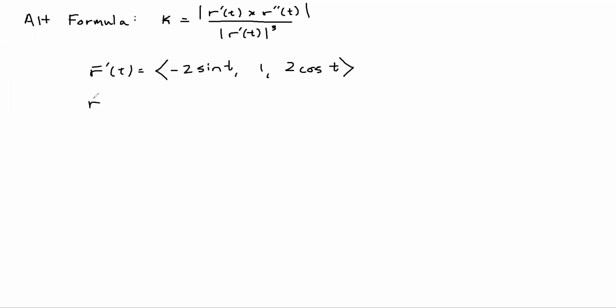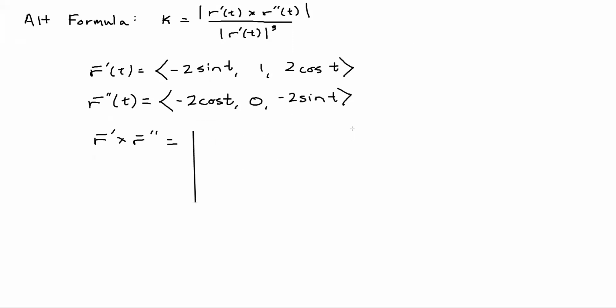And then now we need r double prime. So that's going to be -2 cosine t. Derivative of 1 is 0. And then -2 sine t. And then we can go through and calculate r prime cross r double prime. That is going to be equal to the result of the determinant of the 3 by 3 matrix.